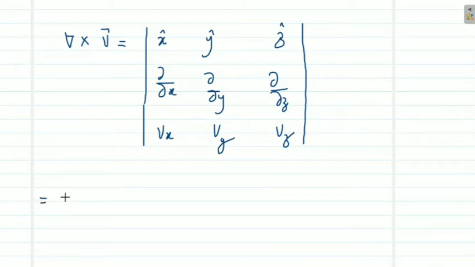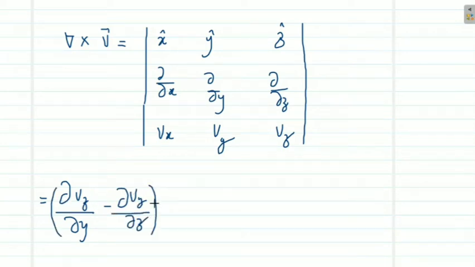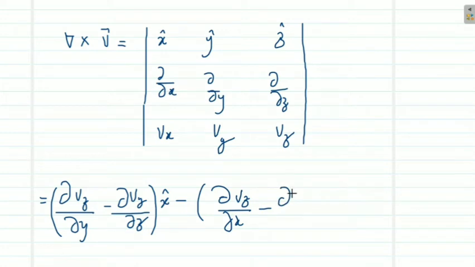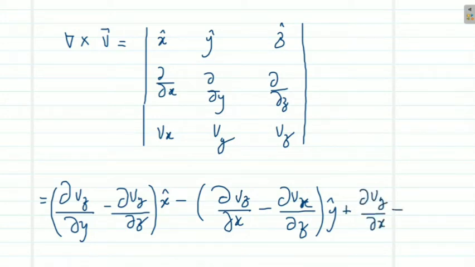So it will be dou vz by dou y minus dou vy by dou z into x cap, minus dou vz by dou x minus dou vx by dou z into y cap, plus dou vy by dou x minus dou vx by dou y into z cap. So this is the expression for del cross v bar.